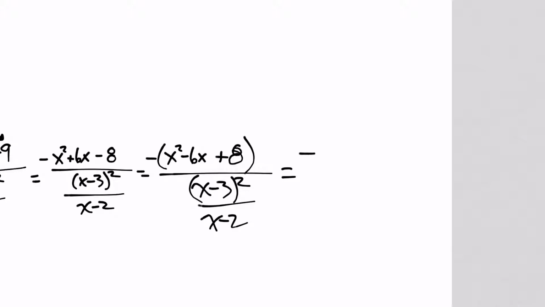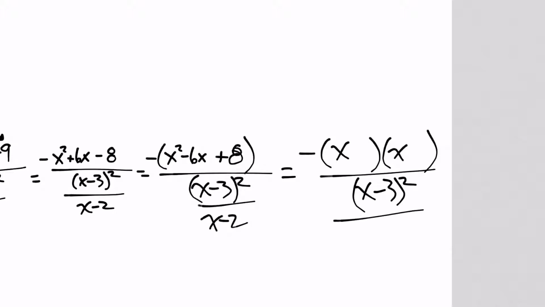One more quick factoring. Negative (blob)(blob) over the same stuff over x minus 2. And now what do we have? Two numbers that multiply to 8 and add to give you negative 6. What's got to be a negative 4 and a negative 2.